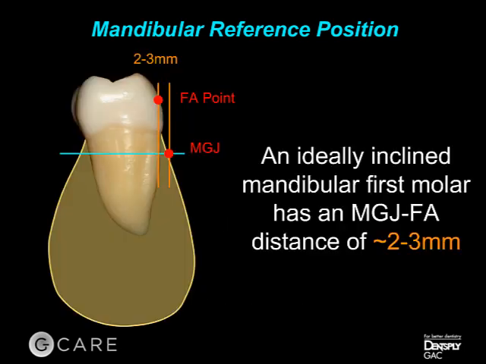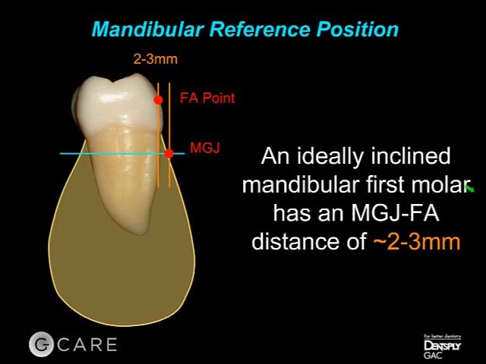So once we have our mandibular reference position and we know how the FA point of the tooth, which is the center of the clinical crown, relates to that mucogingival junction, we can start formulating a relationship between the two in an ideal situation.